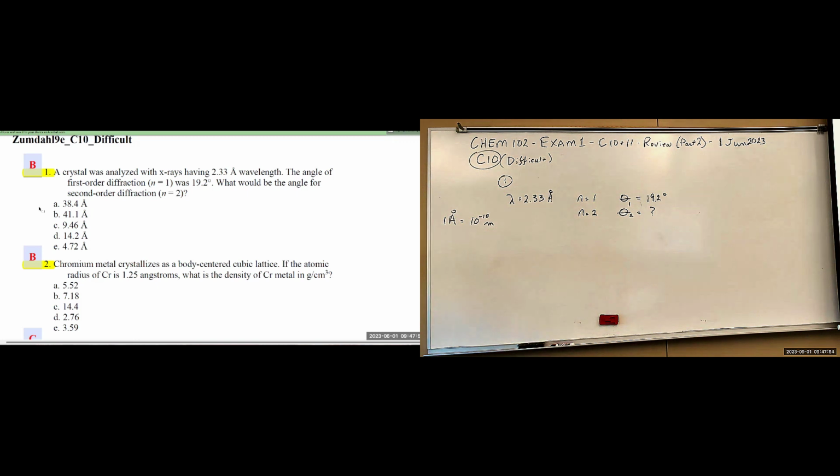Okay, this is all based upon the Bragg equation. To be sure it's in the useful information because you're going to need it. Here it is. n lambda equals 2d sine theta.